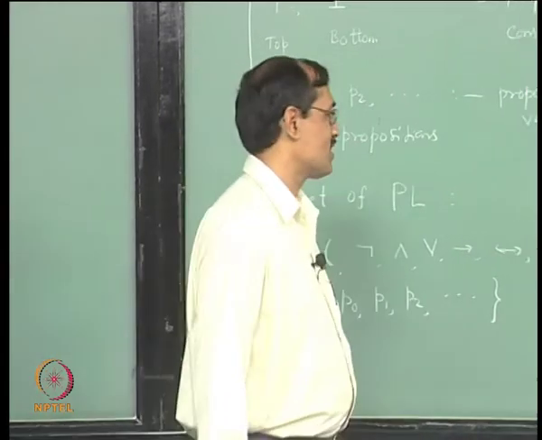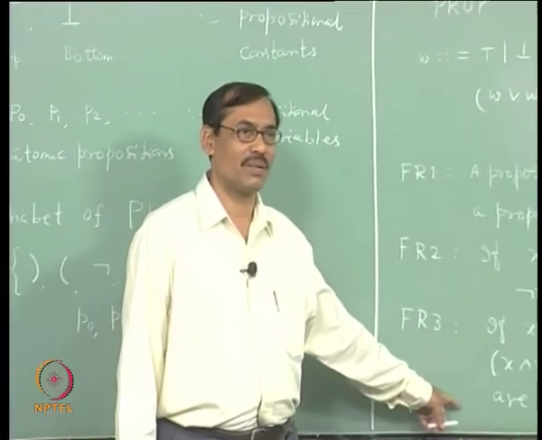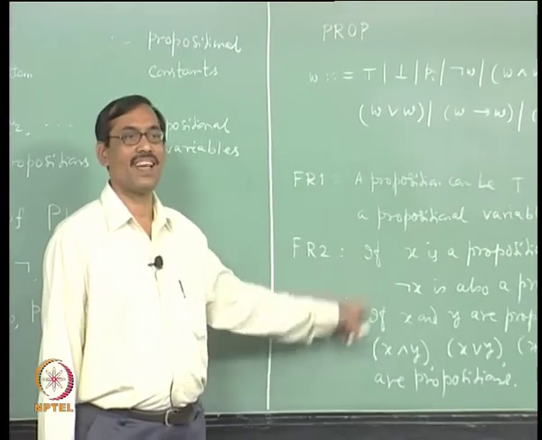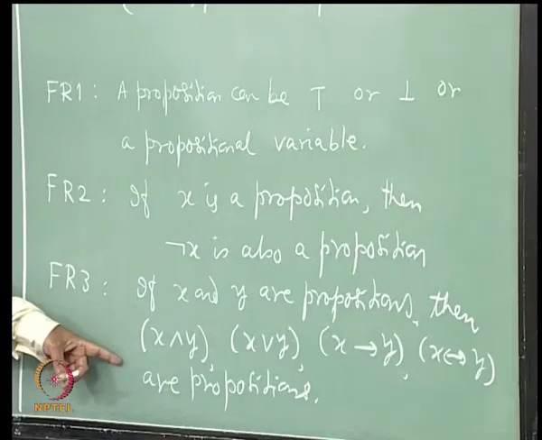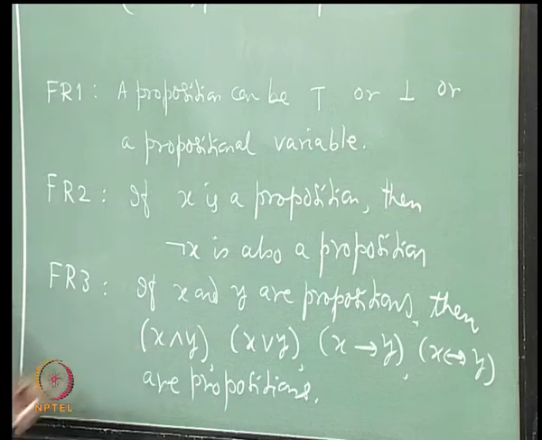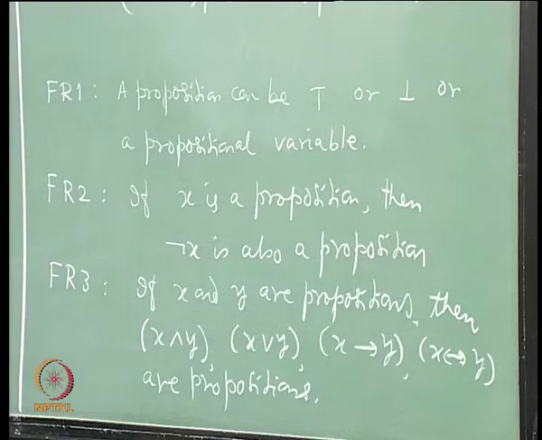So we do not want such things to happen, that is why we need a closure rule: nothing else is a proposition unless it has been generated by applications of one of these rules. We are not writing it, but it is there implicitly. So now I think you understood how to generate a proposition starting from our alphabet. Not every string is a proposition, but the strings which are in these forms alone will be considered as propositions.